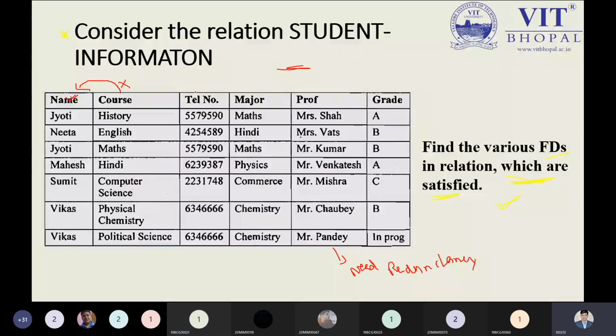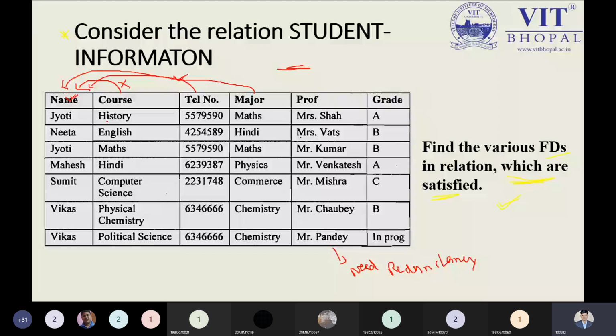Okay, telephone number can depend on the name. Yes, sir. Okay, good. This point is also acceptable. Can the major or the subjects depend on the name? No, sir. Why? Because as a student, you have opted for these courses, so that belongs to you only. Jyoti is the name of the student who has selected math.